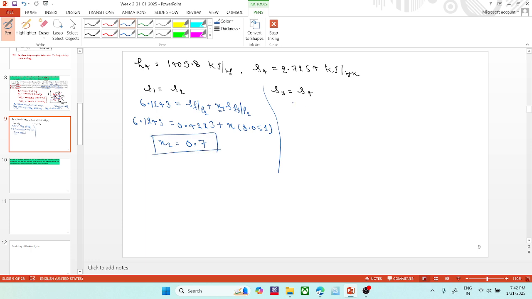Similarly, we will determine the value of x3. So let me write it like this: Sf at pressure 1 plus x3 into Sfg at pressure 1.